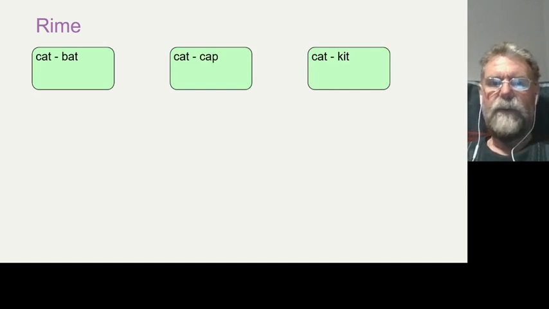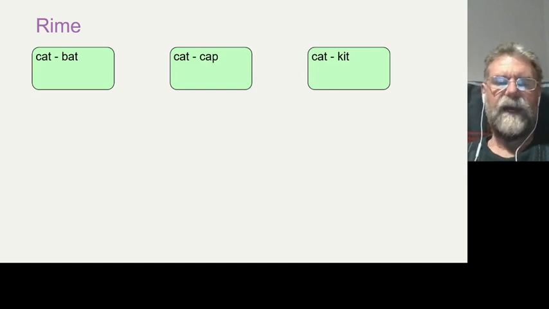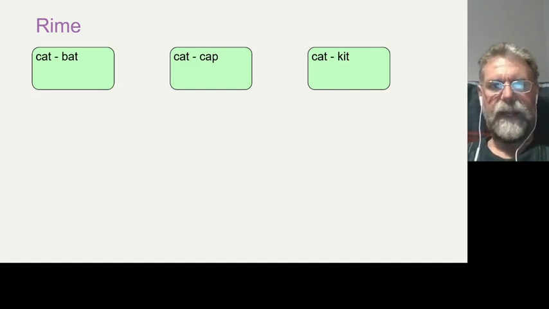Now, there's something more to be said about the structure of syllables, and we can see this by comparing these three kinds of minimal pairs. If you remember, a minimal pair is a pair of words which differ in just one place with one phoneme.